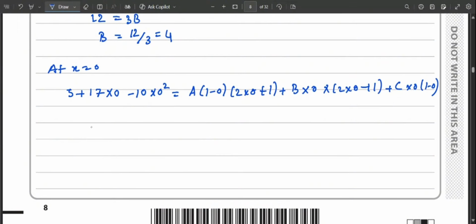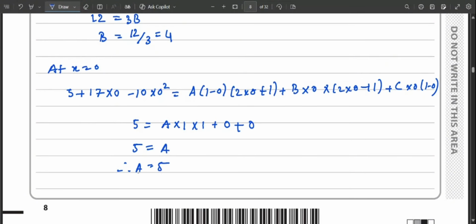If we simplify this, the left side is only equal to 5, and for the right side we see a into 1 into 1 plus 0 and plus 0. So 5 equals a, or a equals 5.